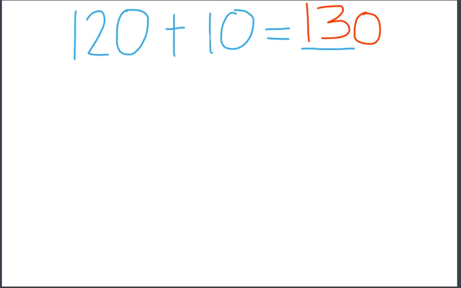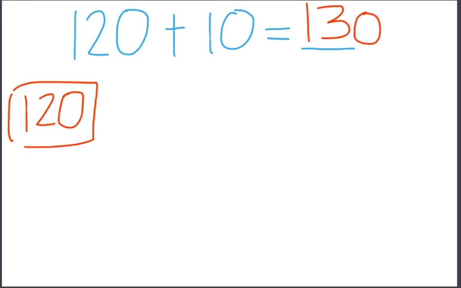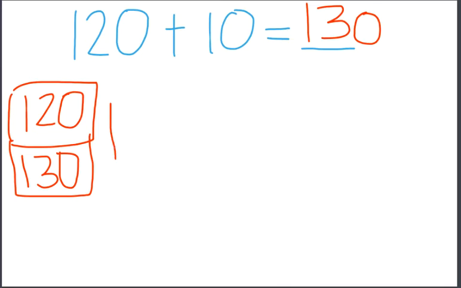We could start at 120 and count up one number until we get to 130. We could find 120 on a chart and look one number below it, knowing that when we go down a hundreds chart, the number gets bigger by 10.